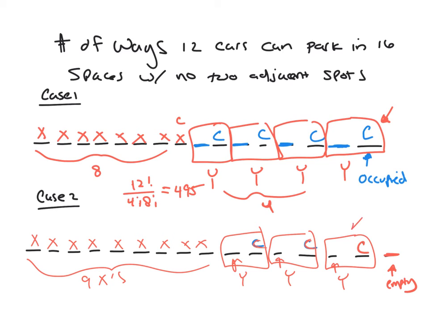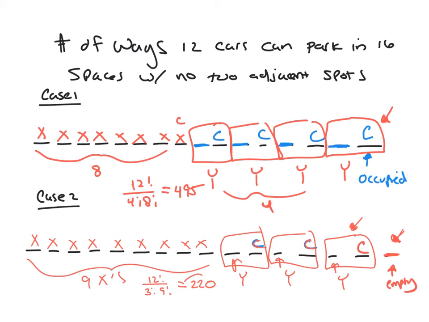Because no matter where you put one of these blocks, you'll never get it next to this empty space, and you'll never get 2 spaces next to each other. This is the case where the last spot is empty, and we've successfully counted all the ways that the 4 spots can appear in such a way that they're not next to each other. The number of ways of arranging 9 X's and 3 Y's is 12 factorial over 3 factorial, 9 factorial, which is the same as 12 choose 3, and that is 220.